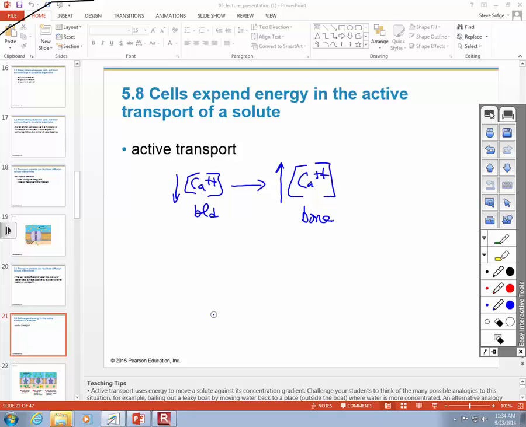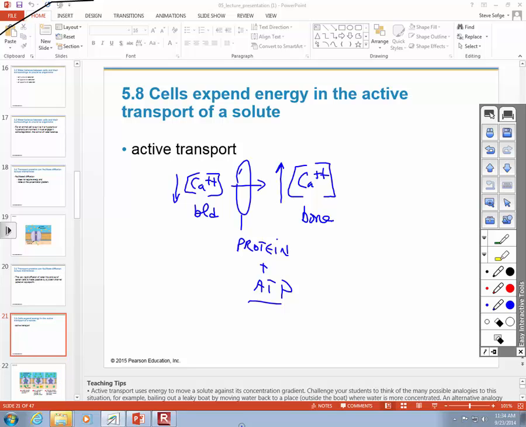So not only do you need a protein to make that work, but it also requires energy in the form of ATP. You go from low concentration to high concentration. You need a protein, plus you need energy, because really you're trying to push it uphill, into an area where you have an abundance of that.